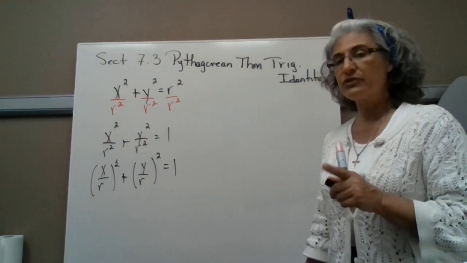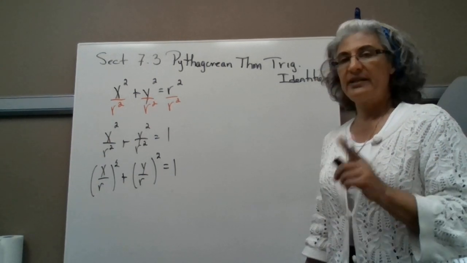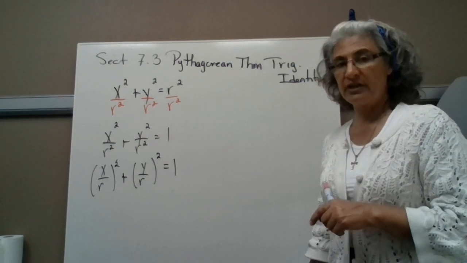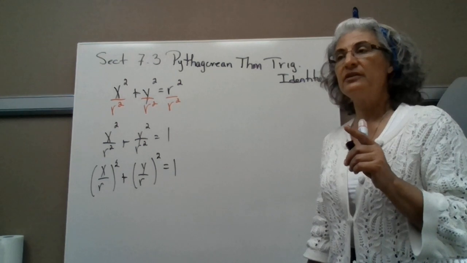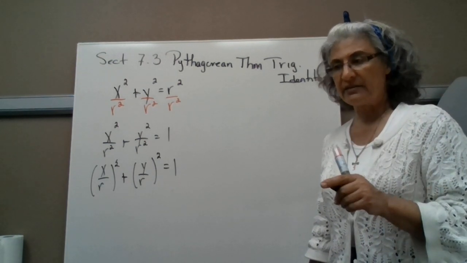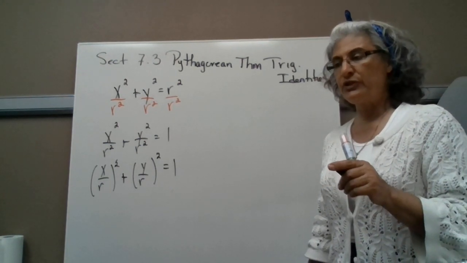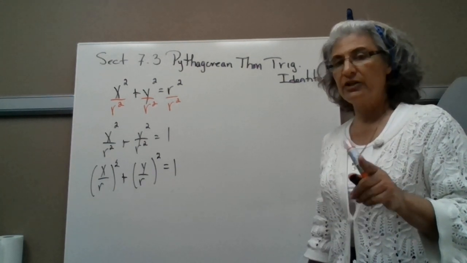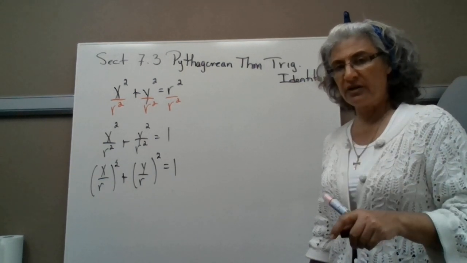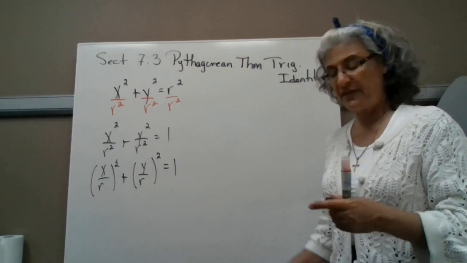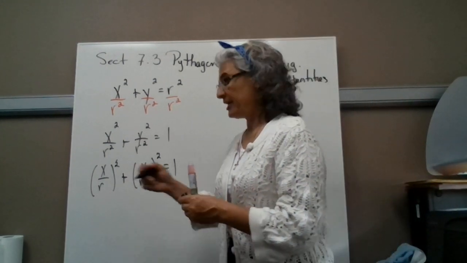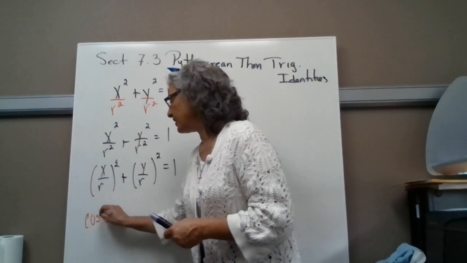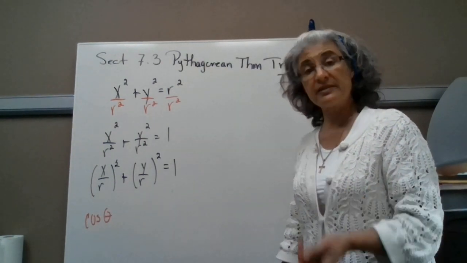Now, I need you to think of your trig identities. We made that table back in chapter 6. X over r, think of your circle. X, does it refer to the cosine function or the sine function? That's right, cosine. So x over r is equivalent to the cosine of theta, which means I can replace x over r with the cosine of theta, and it's squared.